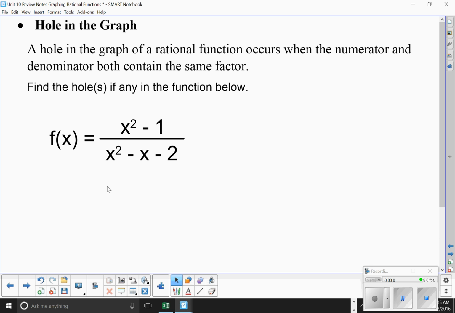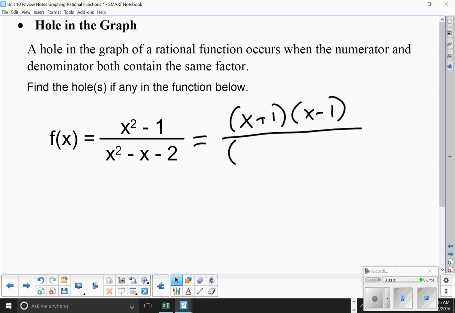Moving on, a hole in the graph. A hole in the graph of a rational function occurs when the numerator and denominator both contain the same factor. Find the holes, if any, in the function below. Again, we have to factor. So I have x plus 1, x minus 1 in the numerator. In the denominator, I have x plus 1, x minus 2.